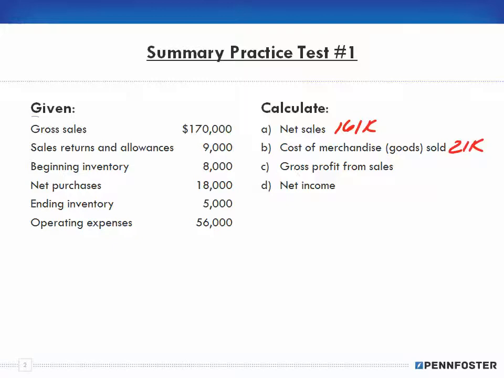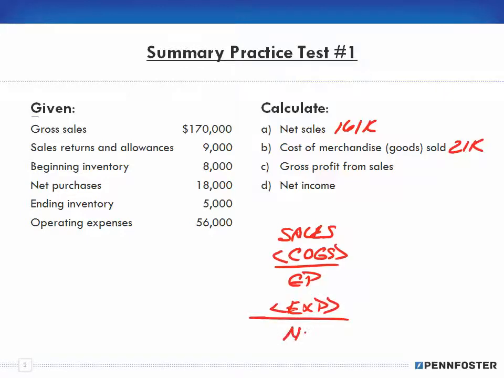Okay, so C, gross profit from sales. Now, in the second video for the cost of goods sold, I talked about sales less your cost of goods sold giving you your gross profit, and from your gross profit you take out additional expenses, and that gives you your profit or loss, net income or net loss.